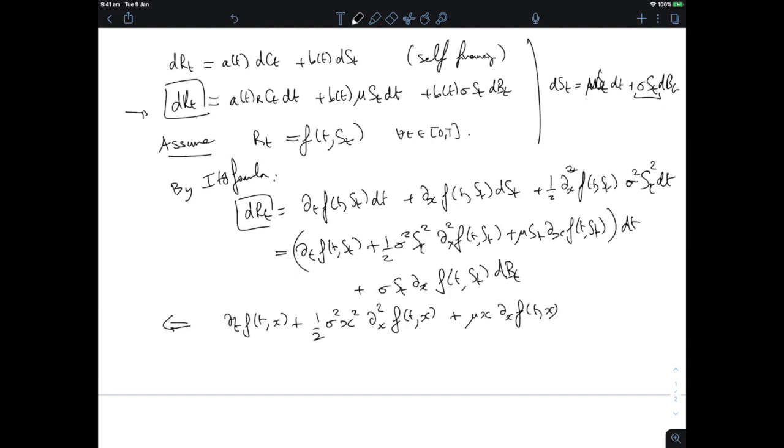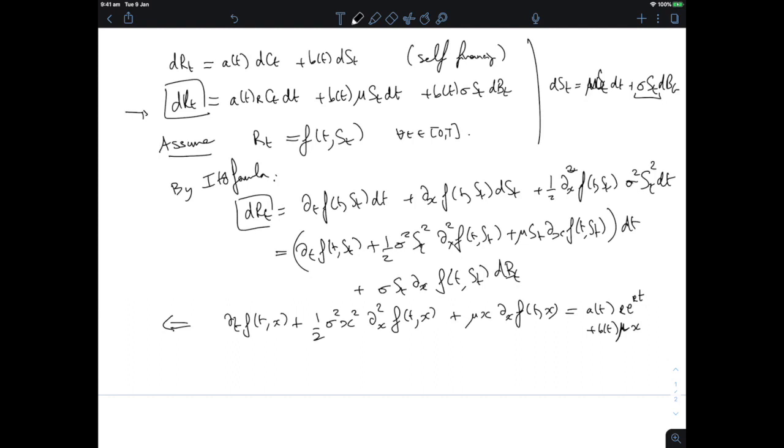A_t times r e^{rt}, and then plus B_t μ S_t, and S_t is my x variable, so plus μ x, and that's it.